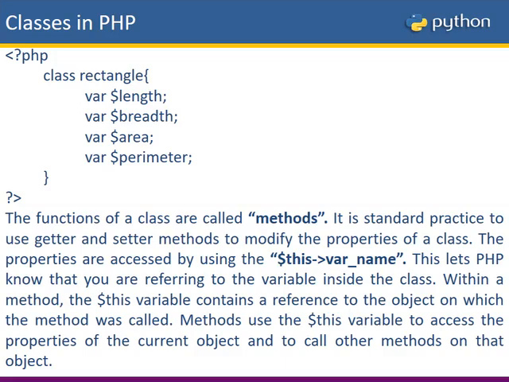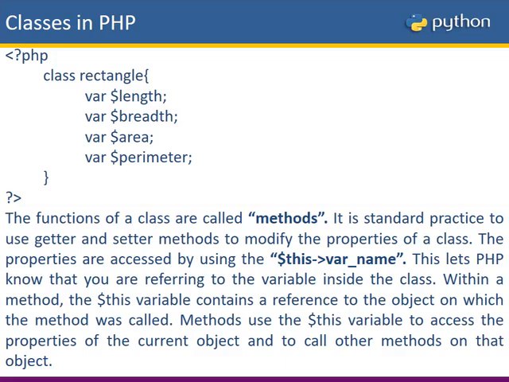In Python we use self with the variable for the attribute, the property of a class. But in PHP we use $this with the arrow pointing to the property or variable of that class.